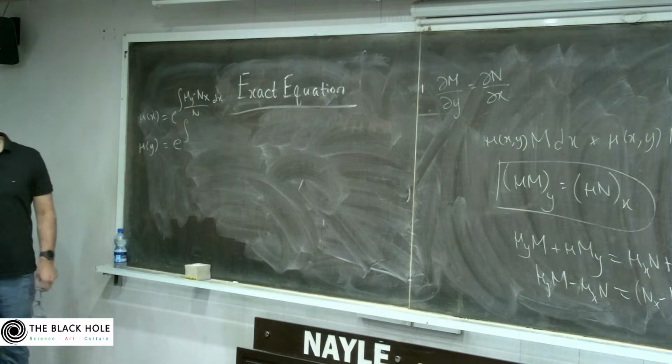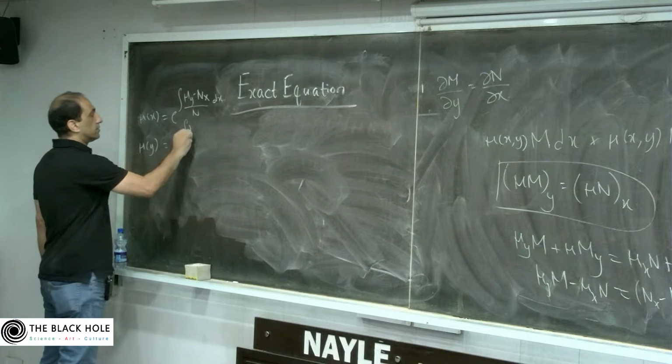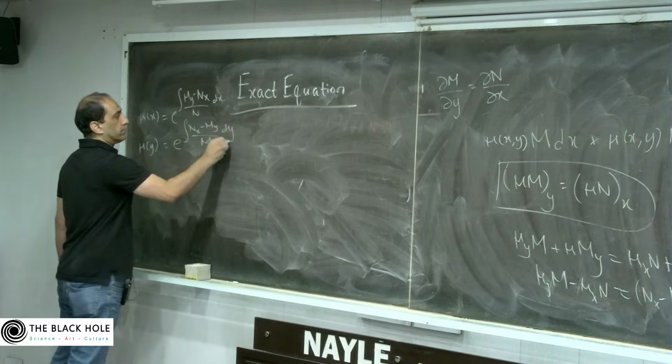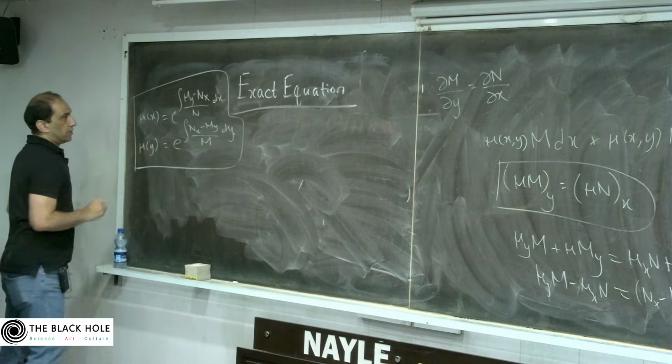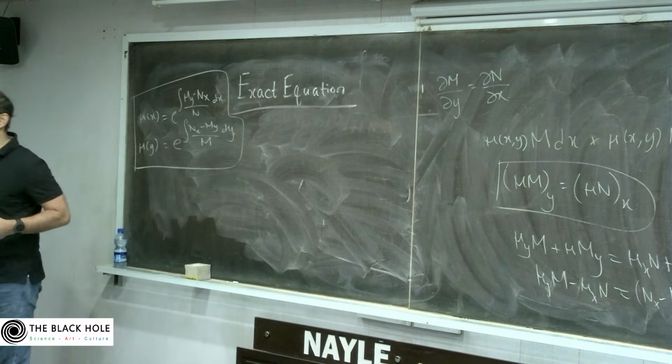It will be (nx minus my) over m dy. So you multiply and you will make your equation exact.